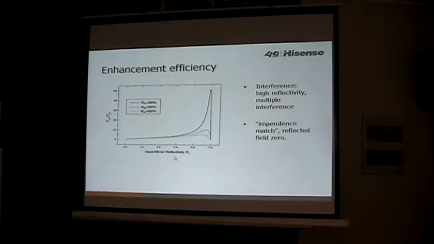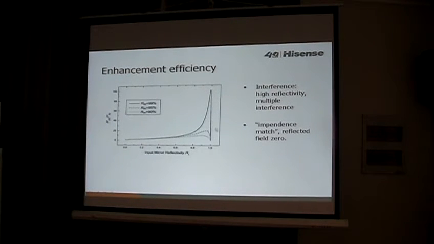From this graph, we can see the first thing is when the reflectivities of the two mirrors are equal, the ratio reaches the maximum. This is equivalent to what you find if you have studied microwave circuits, exactly what happens when you have an impedance match for a microwave circuit.